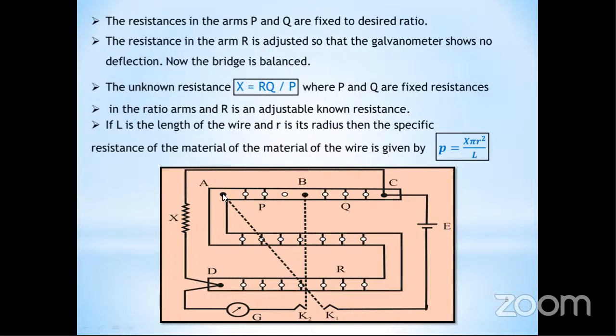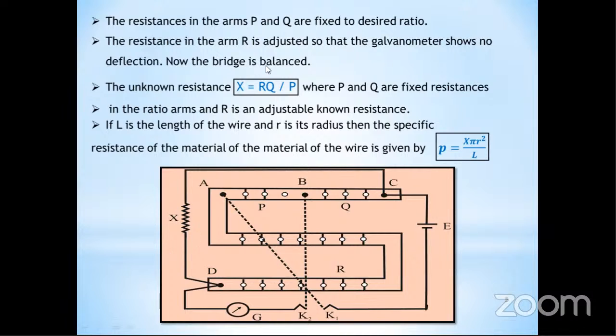That means you have to take this ratio P as Q, which is constant, and you have to adjust this R in such a way that the ratio of X divided by R is the same. So by adjusting these values, you can find the value of R.